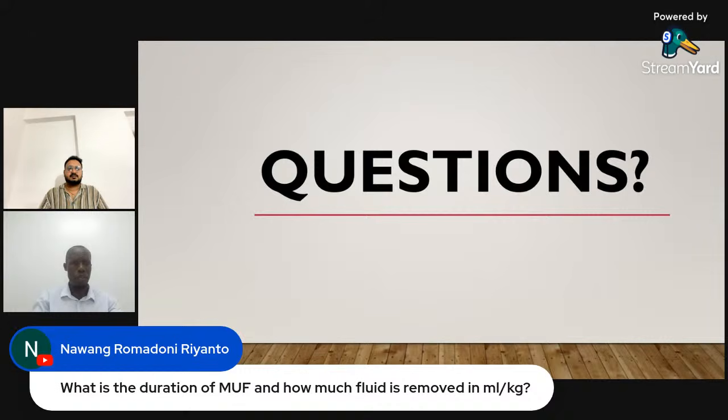We do 10 mL per kg. So if you have 3 kg, you need to remove at least 30 mL of extra volume. So we work with 10 mL per kg.